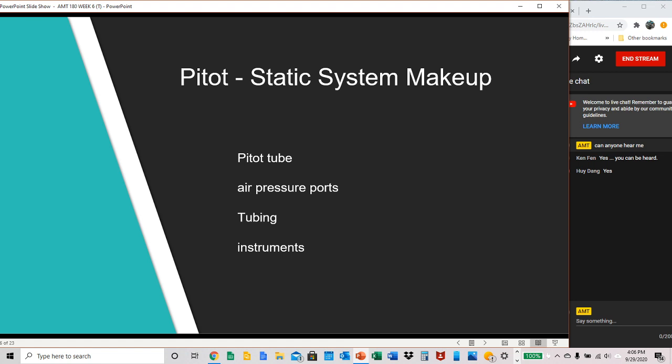We also have our pitot tube, air pressure ports, tubing, and instruments. Those are just some things to keep in mind when being asked what makes up the pitot-static system.